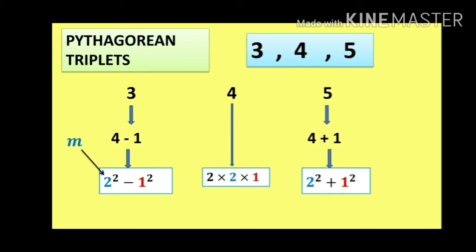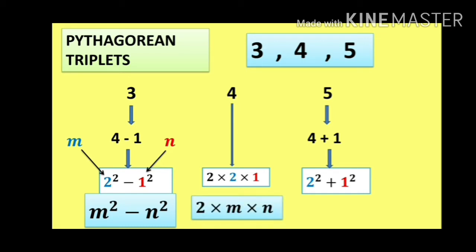Now if you take m as 2 and n as 1, then 2 square minus 1 square will be written as m square minus n square, and 2 into 1 is 2 into m into n, because m is 2, n is 1. And 2 square plus 1 square will be written as m square plus n square.